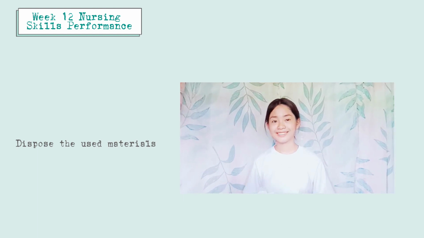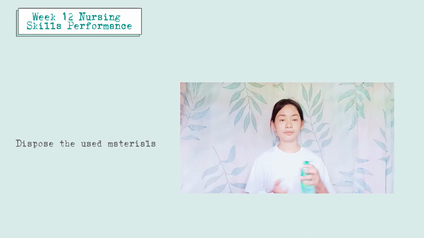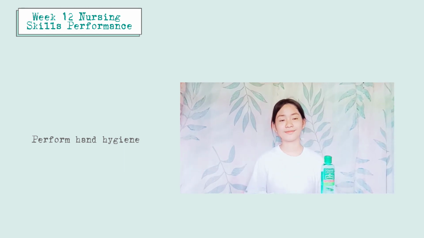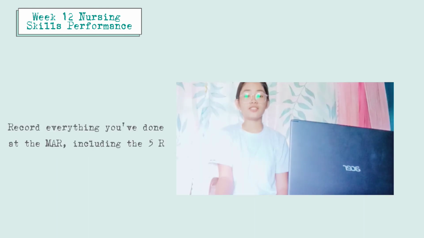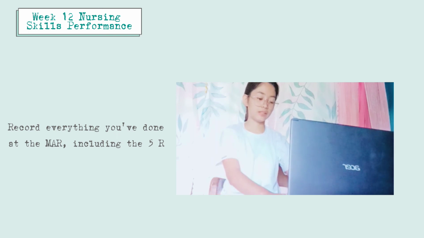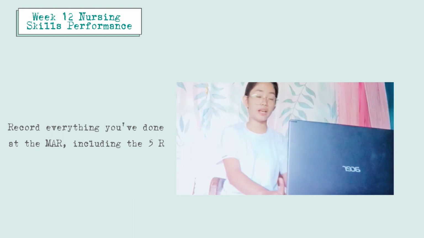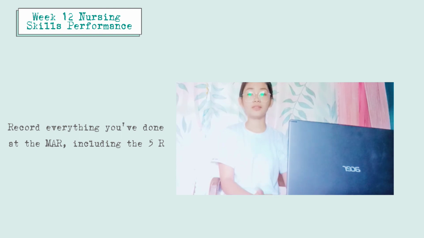After that, dispose of your hand gloves and perform hand hygiene. And lastly, record all you have done on the MAR or the medication administration record. Also keep in mind to record the 5R, which includes the right patient, right time, right dose, right drug, and right route. That's all.